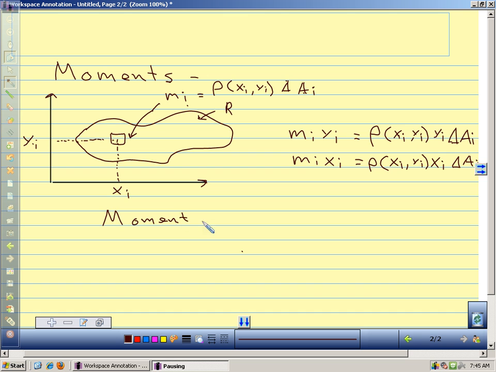You'll see it referred to a lot of different ways. The moment of mass, or first moment of mass.